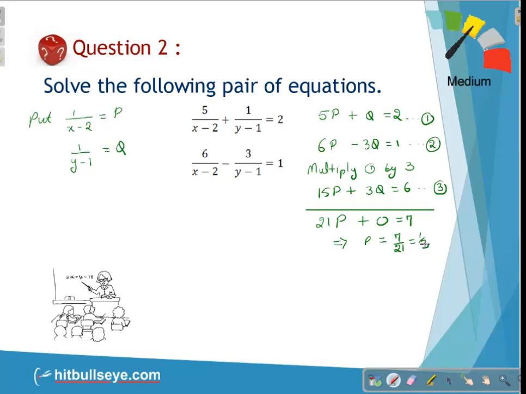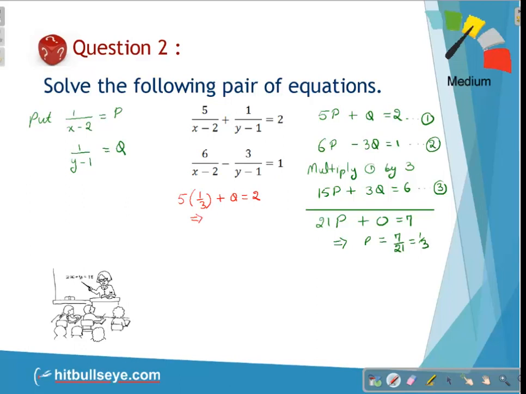To get the value of q, I'll be using this value of p in any of the above equations. I'm choosing equation number 1 for the same purpose. I'll be putting the value of p in, 5 times 1 by 3 plus q equals 2.